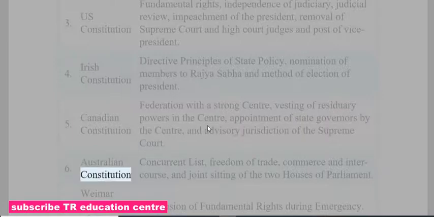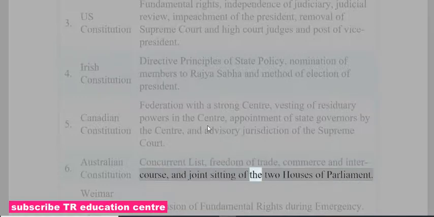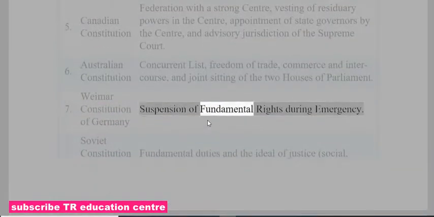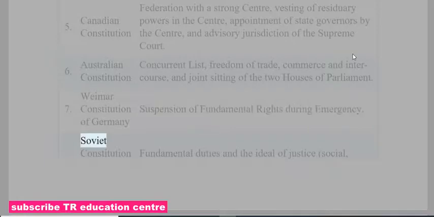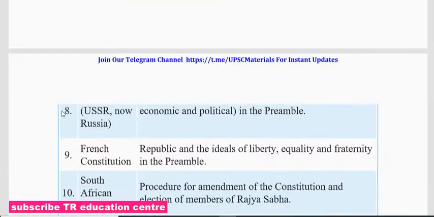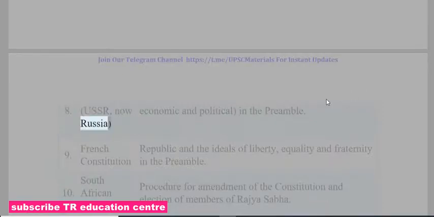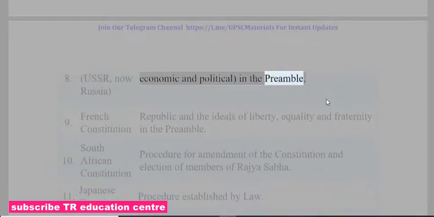6. Australian Constitution: Concurrent List, Freedom of Trade, Commerce and Intercourse, and Joint Sitting of the two Houses of Parliament. 7. Weimar Constitution of Germany: Suspension of Fundamental Rights during Emergency. 8. Soviet Constitution: Fundamental Duties and the Ideal of Justice, social, economic and political, in the preamble. 9.